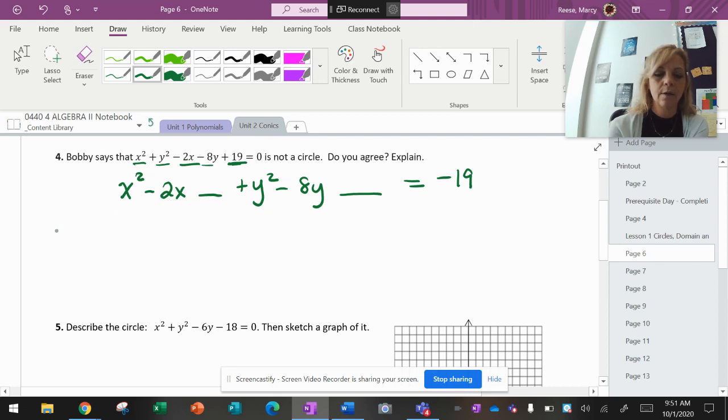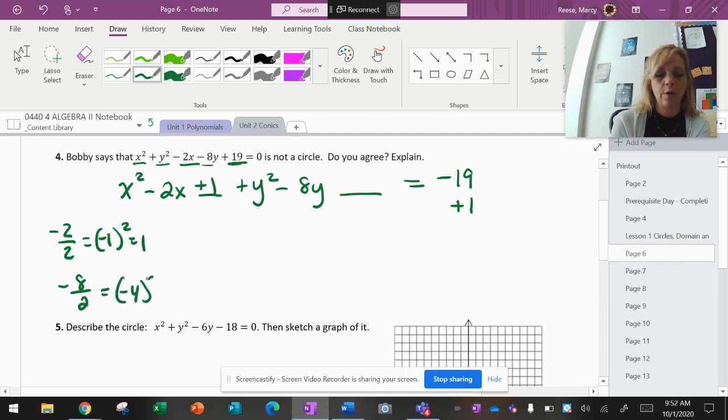Take the x, b, negative 2 divided by 2, negative 1, square. I'm going to add 1 here, and I'm going to add 1 here. The y's, the b value for the y is negative 8 divided by 2 is negative 4, square is 16. Add 16 here, add 16 there.